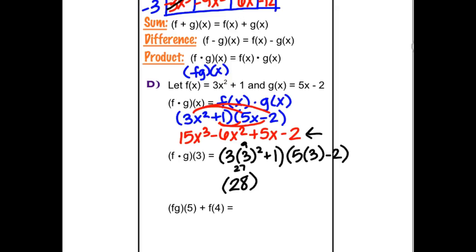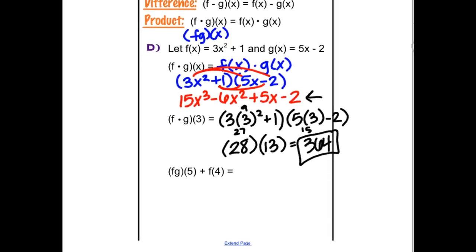And 5 times 3 is 15. Minus 2 is 13. Then, if we take 28 times 13, we get 364.